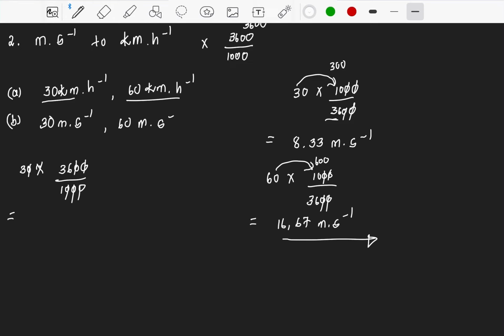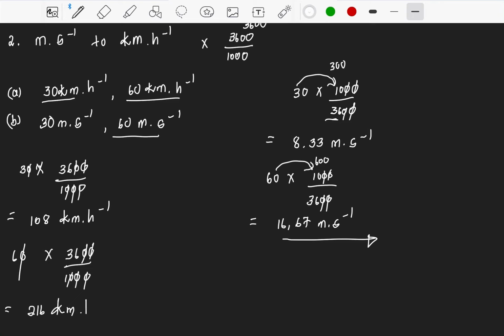So you have 3 multiplied by 36, which is equals to 108 kilometers per hour. For 60 meters per second in kilometers per hour, it's going to be 60 multiplied by 3,600 over 1,000, which is equals to, this cancels that, this cancels that, this cancels that, and then you are left with 6 multiplied by 36, which is equals to 216 kilometers per hour.